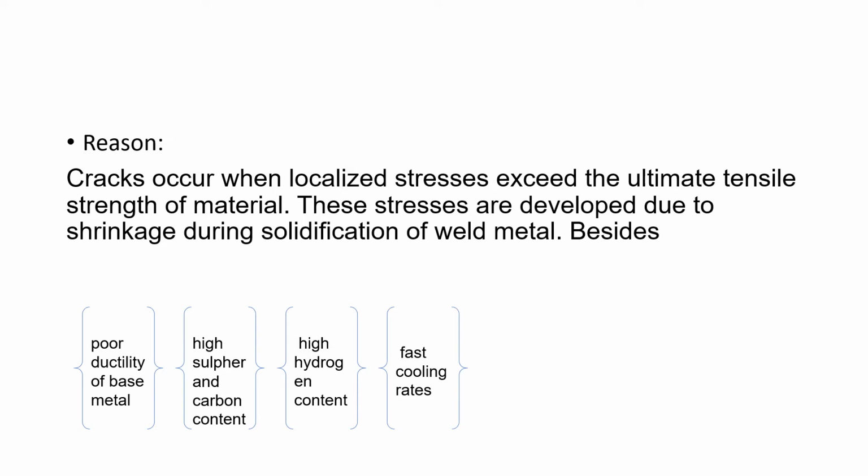If these are all the reasons, we can understand what the remedies can be. The opposite will be the remedies. Instead of fast cooling, it should be a slow cooling process. We should ensure that hydrogen, sulfur and carbon content are low, and that the ductility of the base metal is increased. And we should see that these stresses do not develop.